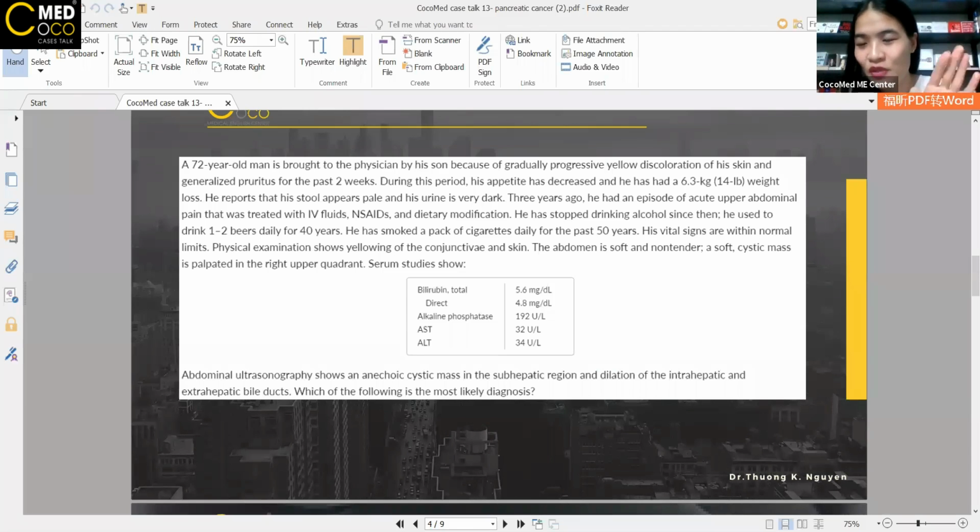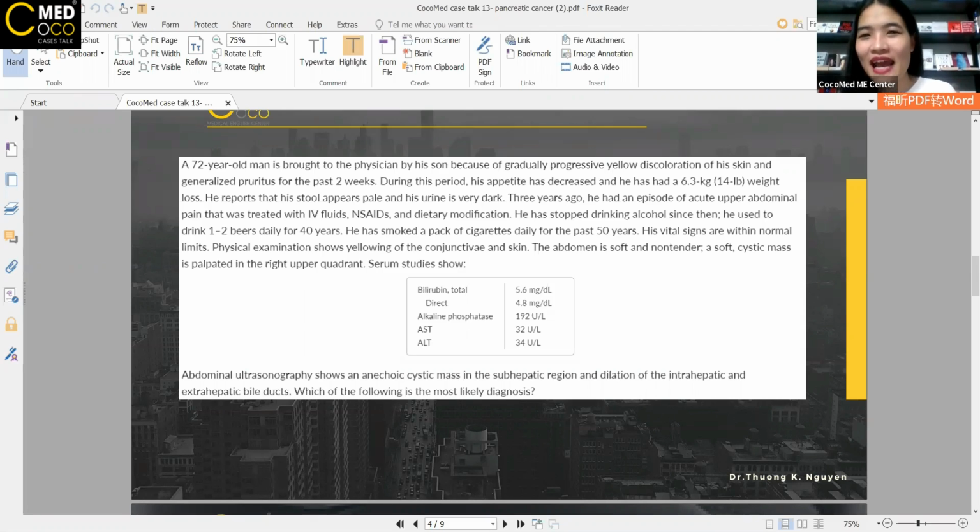We cannot conclude that the problem is from the gallbladder, or not from the pancreas or another part. We need to differentiate with specific things.